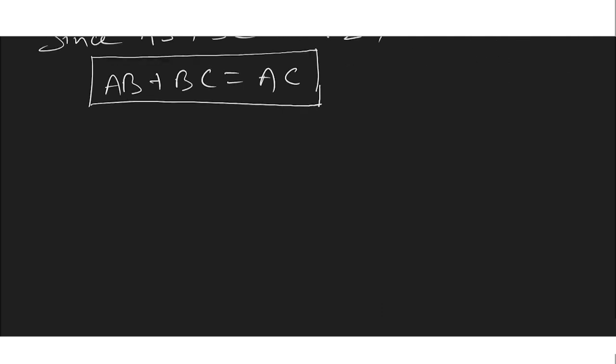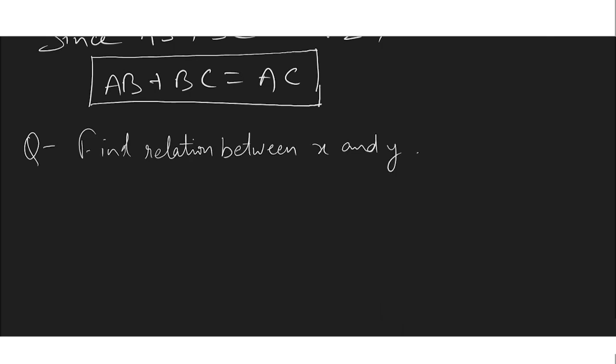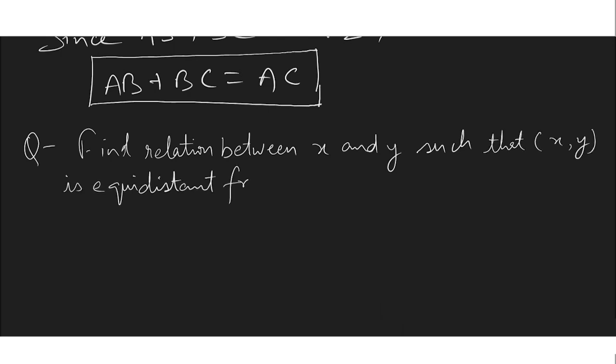Now let us look at another very beautiful question. The question is that you have to find a relation between x and y such that the point represented by the ordered pair (x, y) in the Cartesian coordinates will be always equidistant from points (7, 1) and (3, 5).